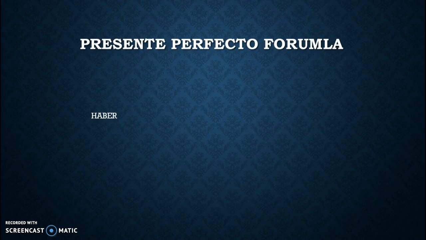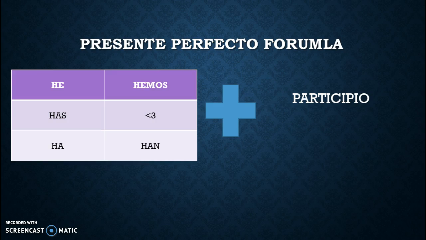Here are the conjugations of haber. We have yo he, tú has, él ha, nosotros hemos, and ellos han. Notice that I did not pronounce the H. All right, so we have all of those conjugations plus the participio, which is ado or ido.